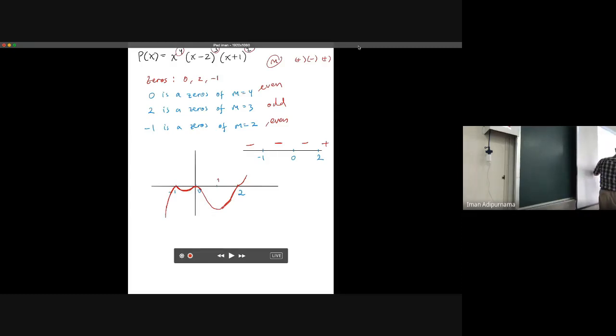So at negative 1, it should be even. If you ignore all of this, you should have a shape like that one, right?